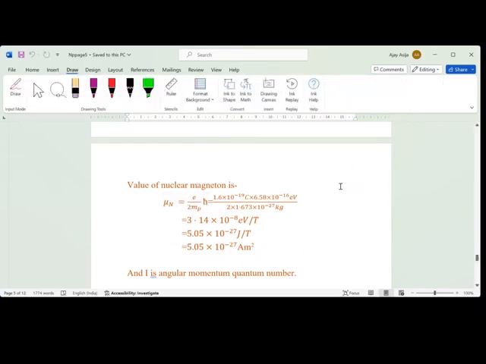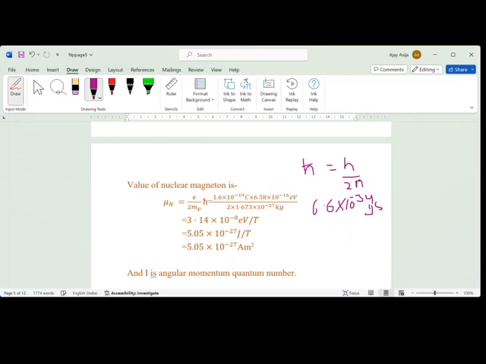Let us see here. We know that the value of h cut is equal to h upon 2 pi. h is Planck's constant, and its value in joules is 6.6 into 10 raised to power minus 34 joule second.